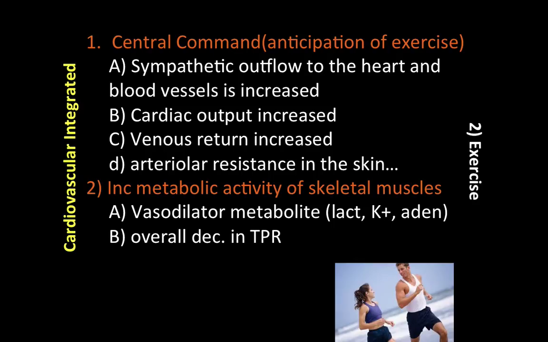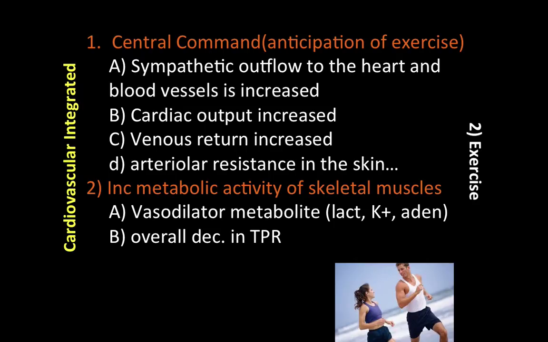Now, the second thing with anticipation of exercise is that cardiac output is increased. The cardiac output is increased primarily as a result of the increased heart rate, knowing the equation cardiac output equals heart rate times stroke volume. To a lesser extent, we have a little bit of increased stroke volume, but the main thing is increased heart rate.